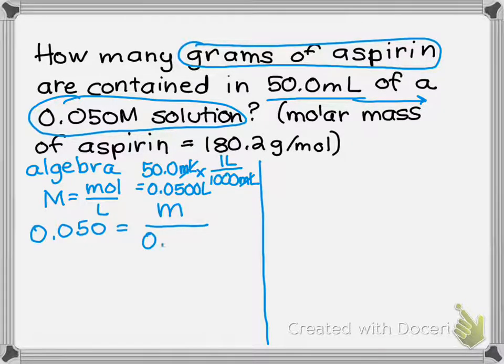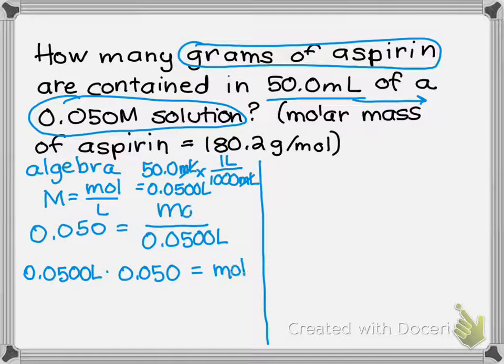Then I plug that in. So solving, I have 0.0500 liters times the concentration equals the number of moles. I don't want to use M because that might make you think it's mass. So 0.05 times 0.05 gives me 0.0025, this is moles.